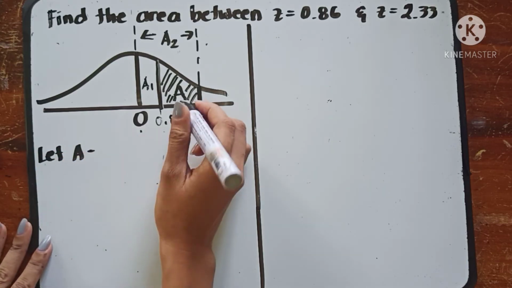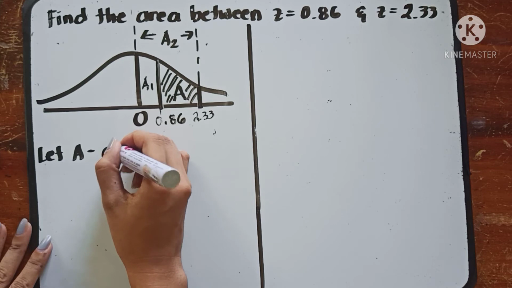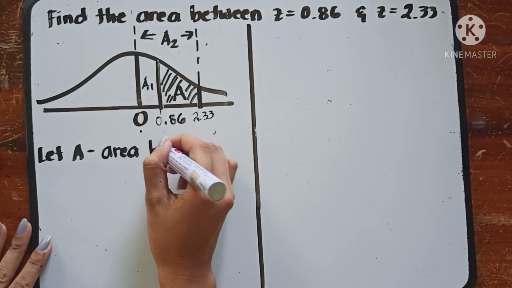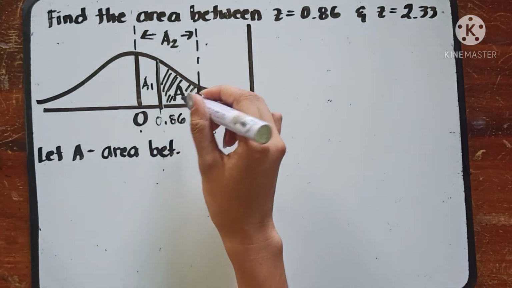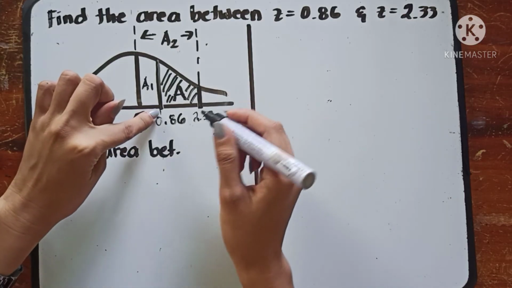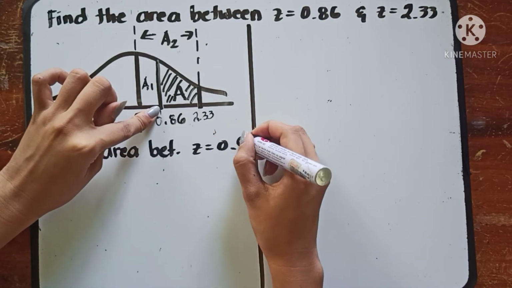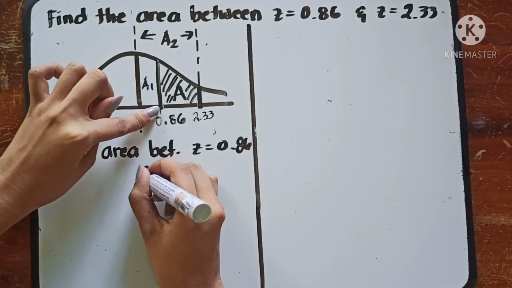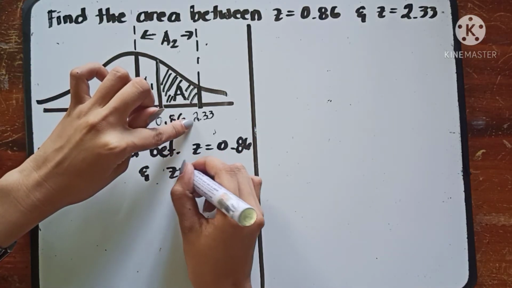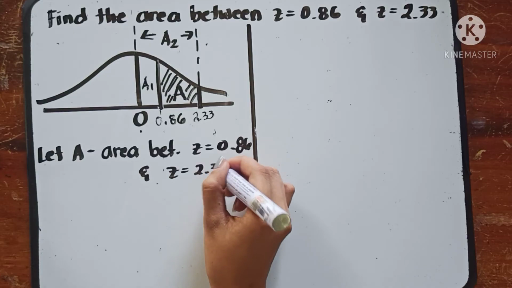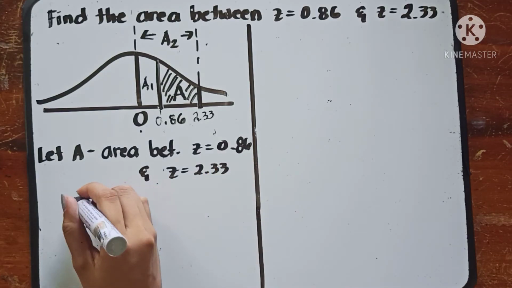Okay, so next, we let A. Ano ulit yung A? This is the area between z is equal to 0.86 and z is equal to 2.33. How about our A sub 1?